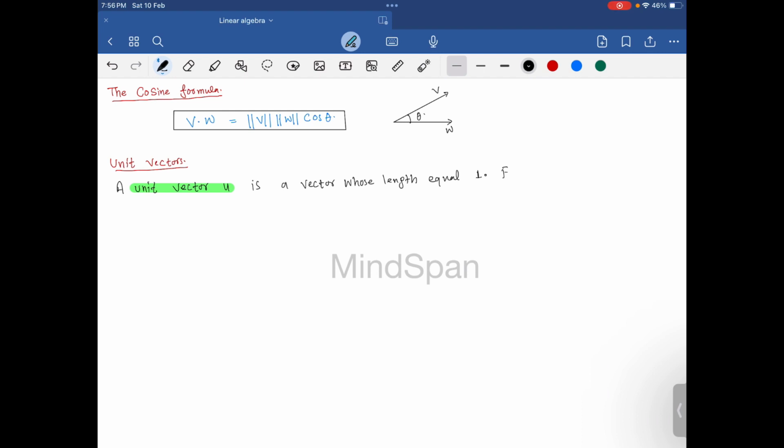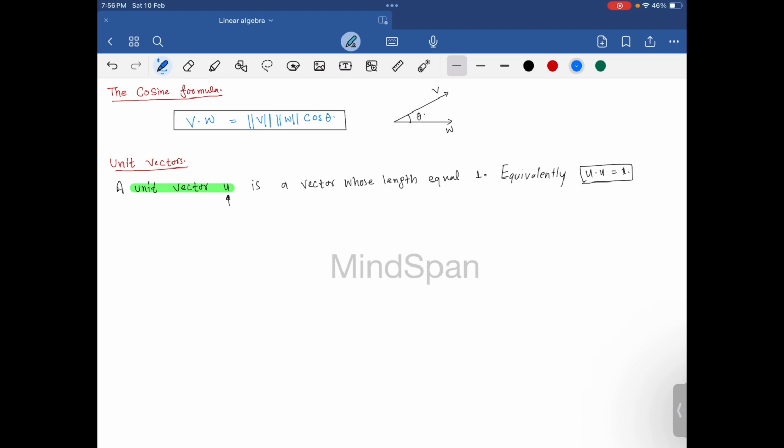Or equivalently, if we call this unit vector u, and you take the dot product of u with itself, that will give you the length squared, and if it is a unit vector, what you will get is 1. So the length squared, or you can say the length, is going to be 1.